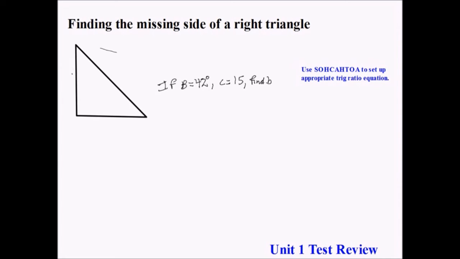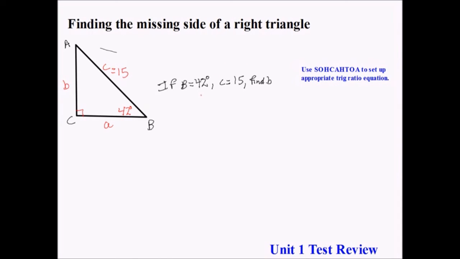And let's go ahead and plug in our triangle. Let's plug in our letters. So here's A, here's B, and here's C. Here's my right angle. So this is B, this is A, this is C. I already know that C is 15. I don't know what B is, and big B is 42 degrees.